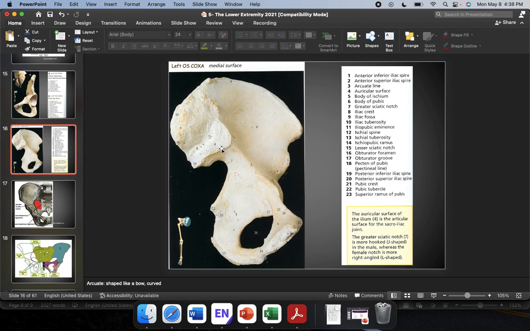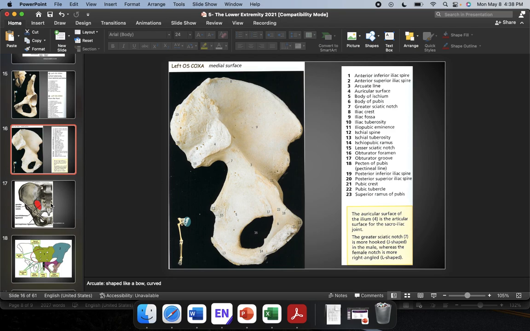The thing that I wanted to get at here, inside of our individual os coxa bony landmarks, we're going to have many of them. One of them in particular that I wanted to show you as we come into this slide is the greater sciatic notch. This is a structure that you were likely just tested on, and you might recognize it right away.